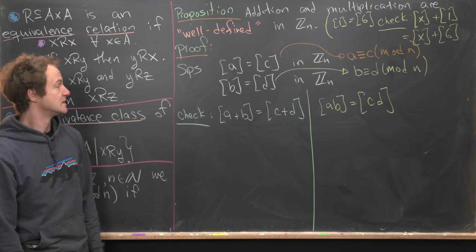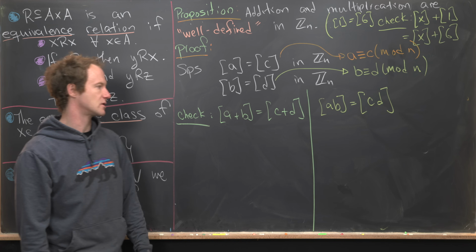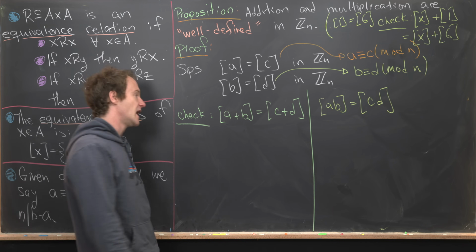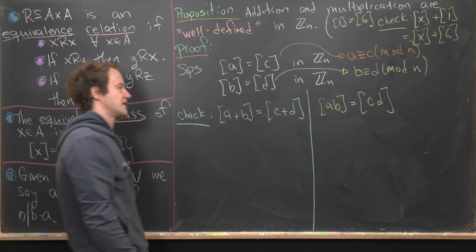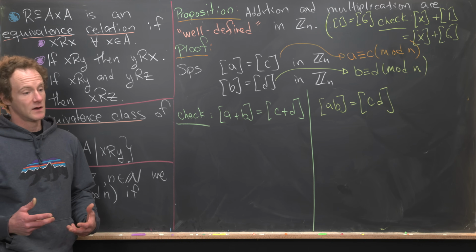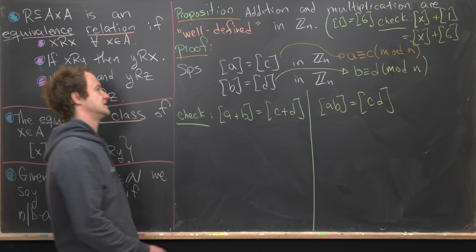Okay, great. So what we really need to show is that A plus B is congruent to C plus D. That's because two equivalence classes are the same if the two representatives are equivalent, which in this case means congruent modulo N. Okay, so let's jump into it.